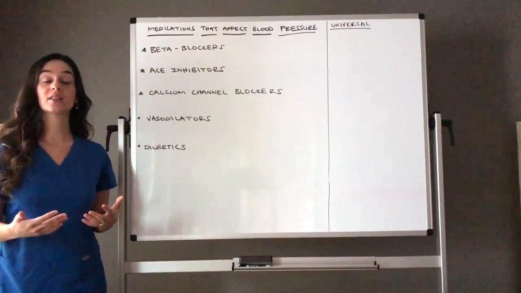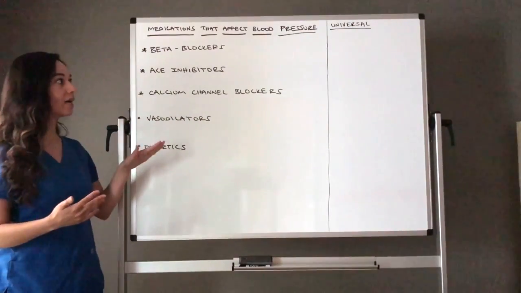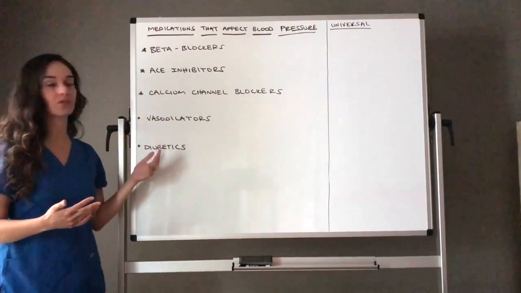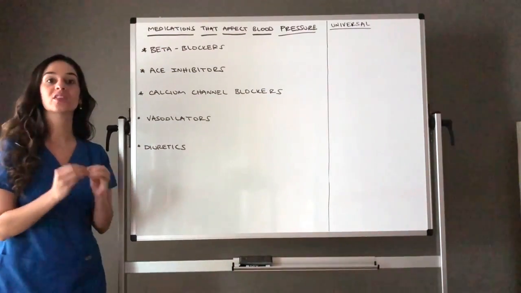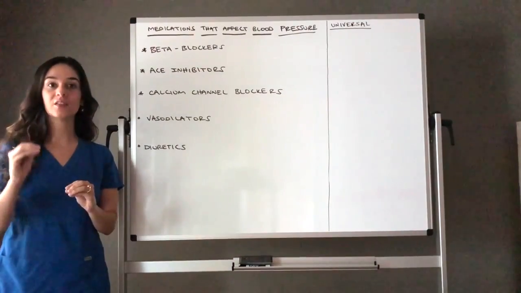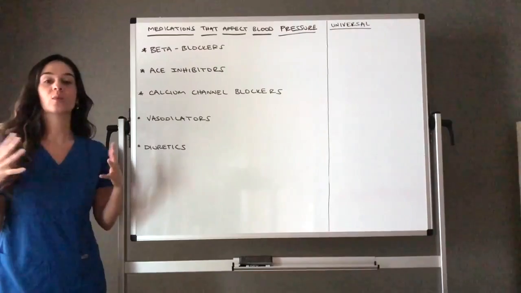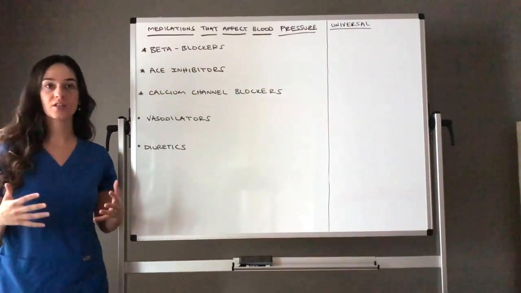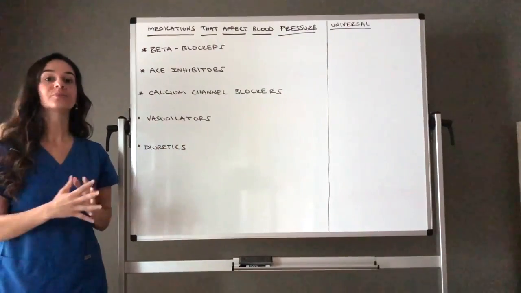So if the heart rate goes less than 60, we would actually hold those medications. But we don't have to check an apical pulse for ACE inhibitors or, for instance, diuretics. So on this side of the board, we go more specific into the differences of each drug class. And that way we just have a better general understanding of the drug classes and how they act.